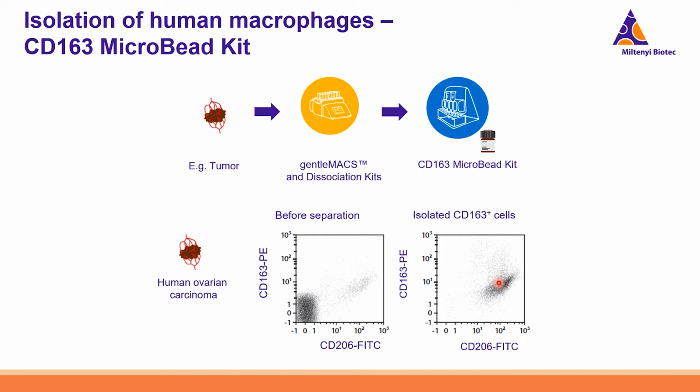You observe here results of CD163 positive cells isolated from ovarian carcinoma using the CD163 microbeads. After isolation, the cells were stained with CD163 PE and CD206 FITC antibodies and analyzed by flow cytometry. The isolated cells are ready to use for downstream applications.